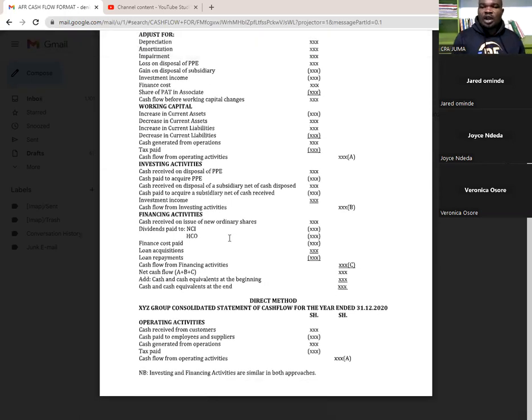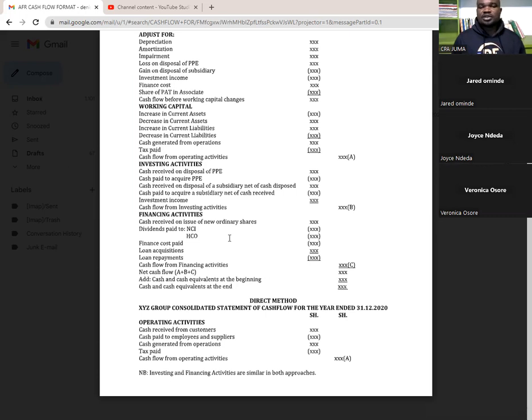When we are going to work on investing, investing is mostly on non-current assets: how much you received on disposal, how much you paid to acquire the assets. So you will check the cash received on disposal of PPE, that is a plus. Cash paid to acquire is a cash outflow.